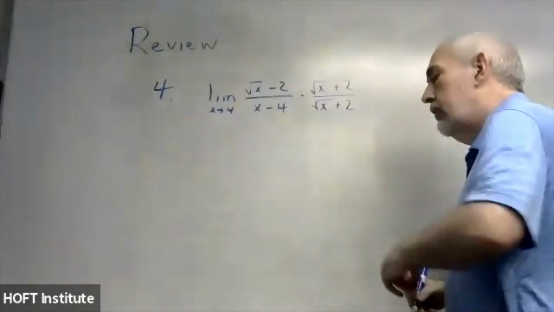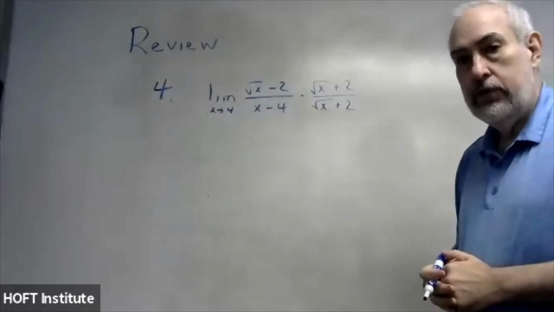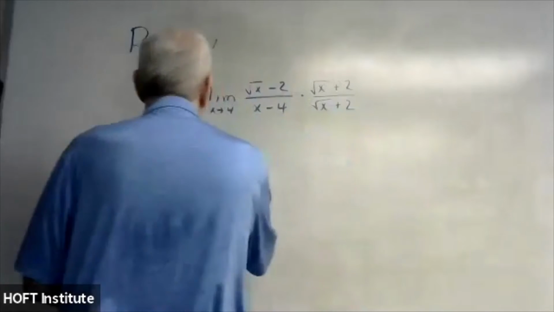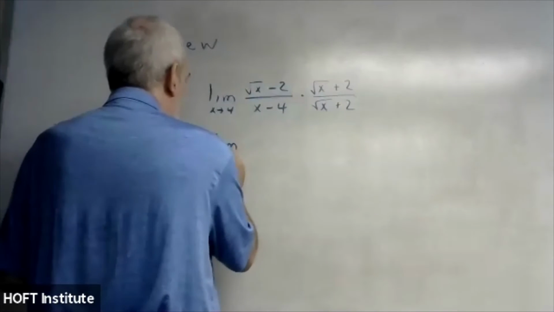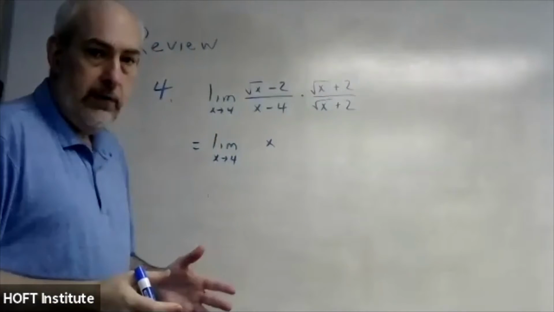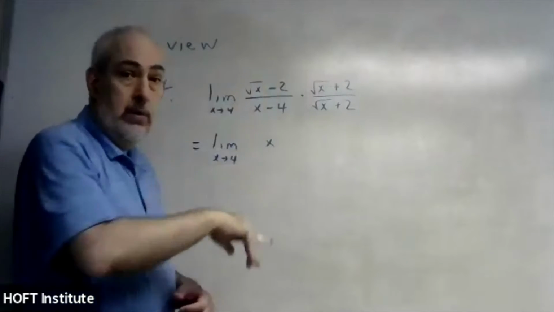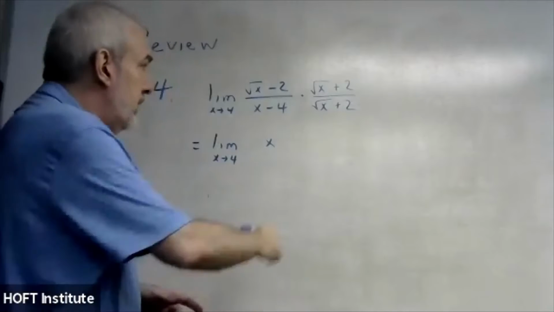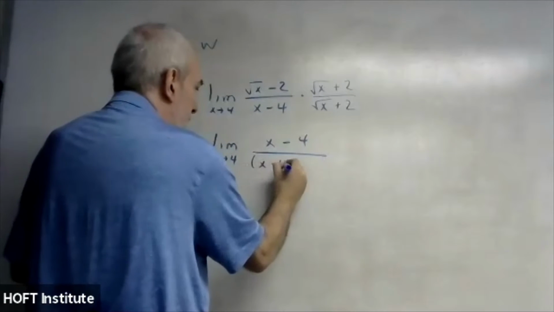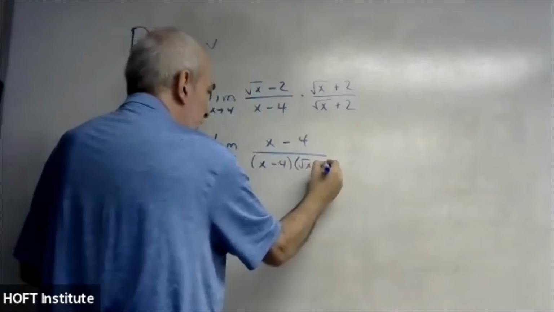So the conjugate of square root of x minus 2 is square root of x plus 2. So we need to multiply by that on the top and bottom of our fraction. So multiplying the tops together gives you square root of x times square root of x, which is just x. The inner and the outer cancel, adding up to 0. Last is minus 4. And then the bottom, just go ahead and leave factored.